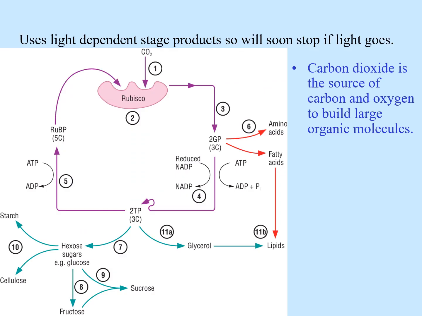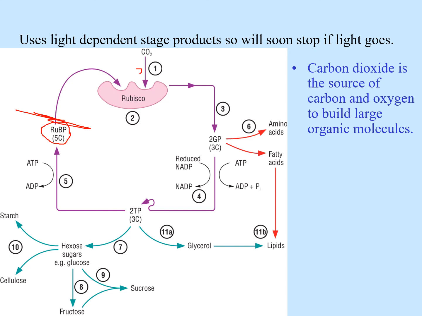So if you think about this, if you've got high levels of carbon dioxide, as soon as you get RuBP, it will combine with the carbon dioxide, and that will mean you get more GP and more TP. But if your carbon dioxide levels are low, if they're below a certain point, the ribulose bisphosphate won't have carbon dioxide to combine with, and therefore it'll start building up around here.